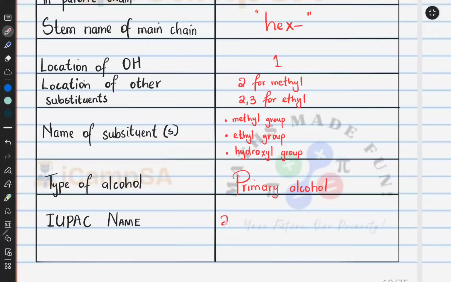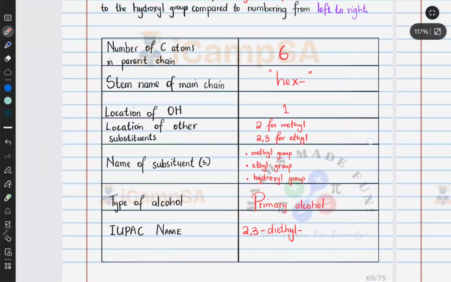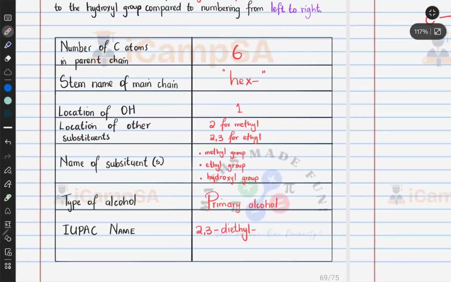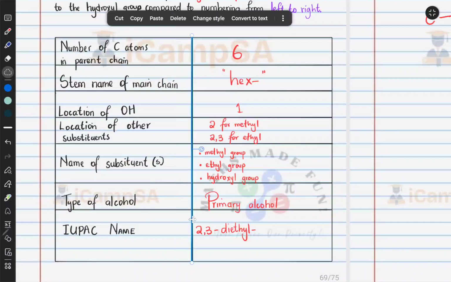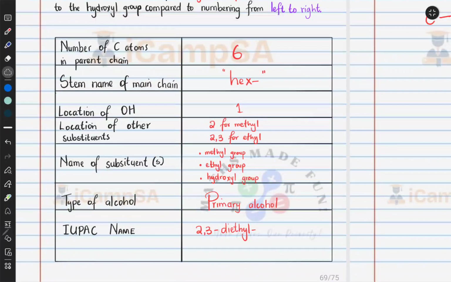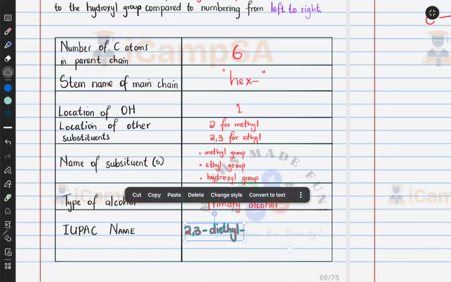So the ethyl group is in 2 and 3. Since it's found in 2 locations, now we have to use our Greek prefix di, ethyl, right?